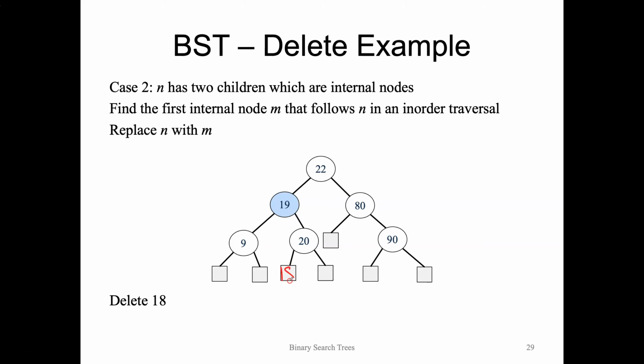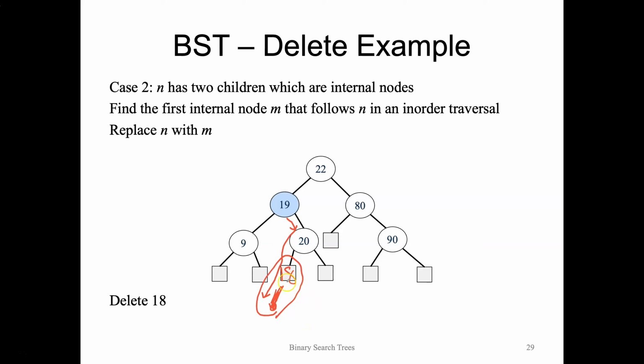Now that we have 18 here, we can guarantee that it has at least one node which is external, because we grabbed that next node in an in-order traversal, which means we went to the right and then all the way to the left until we couldn't continue anymore. So we know that the left node will be a leaf. Now we can just use the same case that we did before and remove this part of our tree.